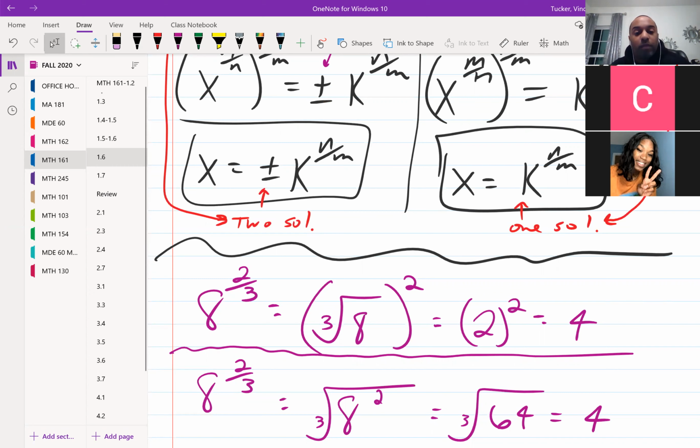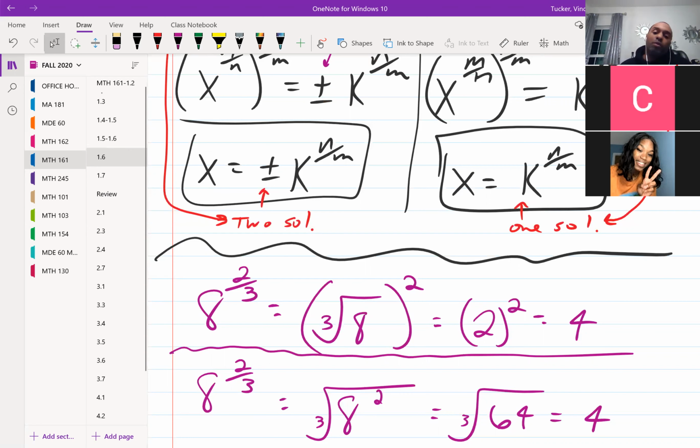So in this case, we have 8 to the 2/3. I can either take the cube root of 8 and then square it, or I can square 8 and then take the cube root. It doesn't matter which order I do it, I'm still going to come up with the same answer. It may matter if you're doing it in your head, because you'll be dealing with more familiar numbers versus other times. But if you're doing it in a calculator, it doesn't matter at all.